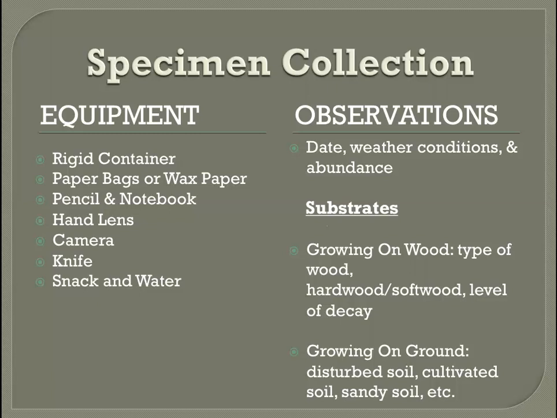The reason we don't use plastic is because plastic doesn't breathe, and depending on the weather and the species you're collecting, a mushroom in a plastic bag can turn to mush within the matter of 15 minutes. They're not really great for storing fruiting bodies.